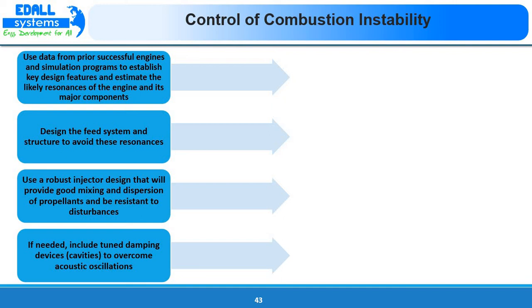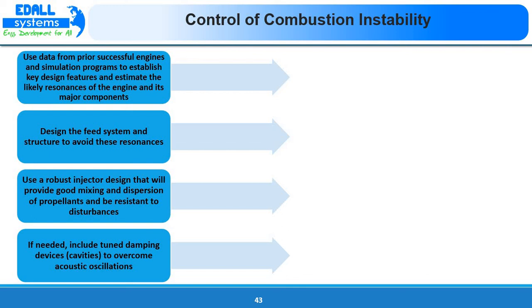Then we can slowly eliminate these instabilities by making some minor changes in the components from where the instabilities are getting initiated. Then design the feed systems and structures to avoid such resonances. Use a robust injector design that will provide good mixing and dispersion of propellants and be resistant to disturbances.